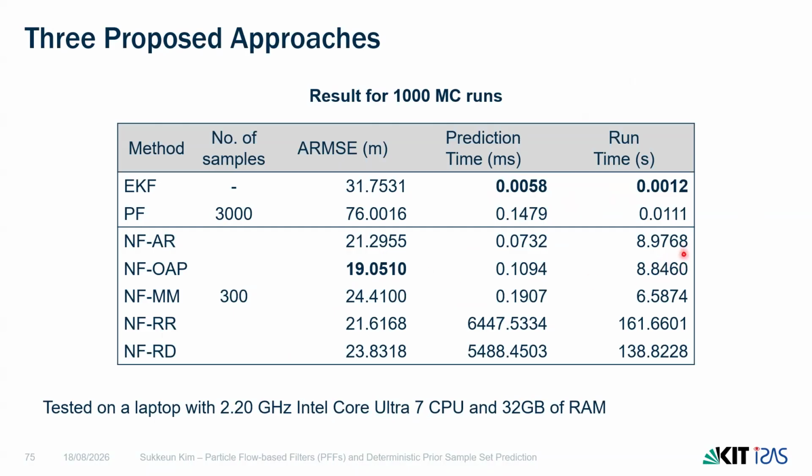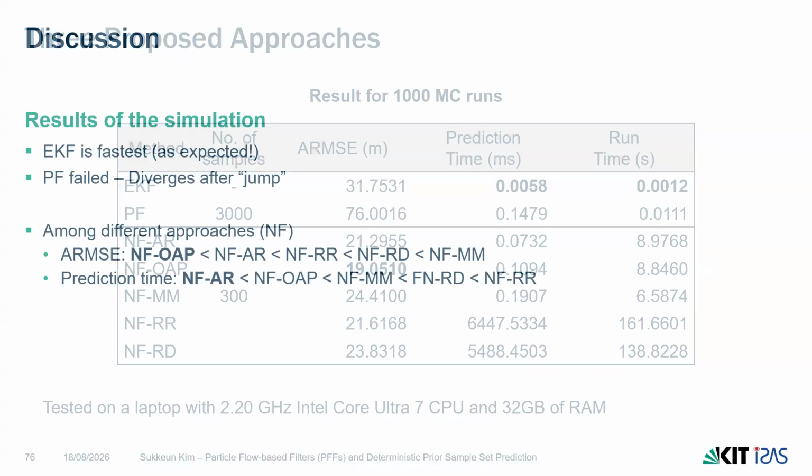Computationally, the reduction step requires optimization and is way too expensive, so it was not really available for the real-time case, but the other three were available for real-time applications.